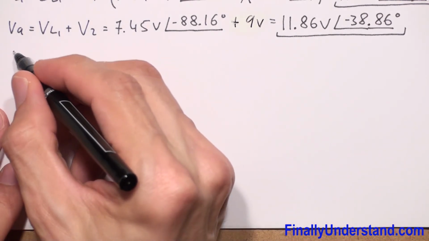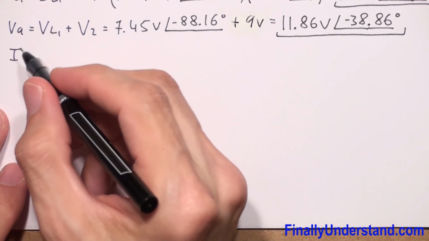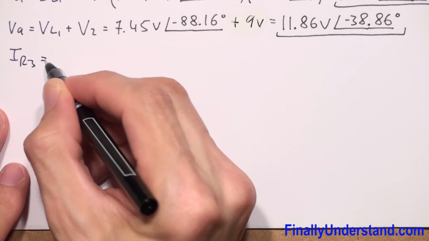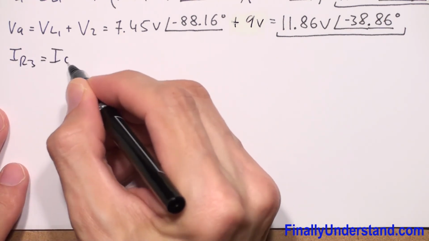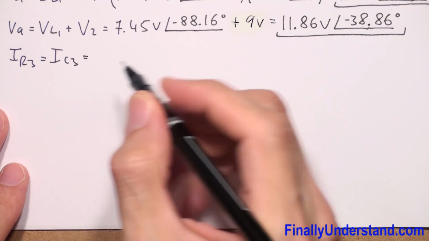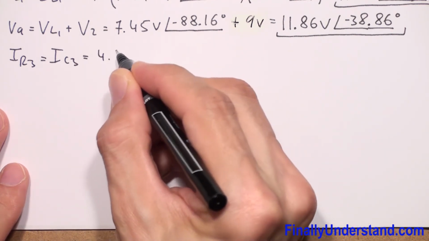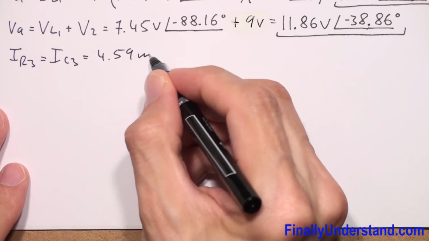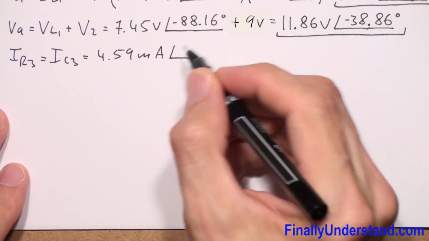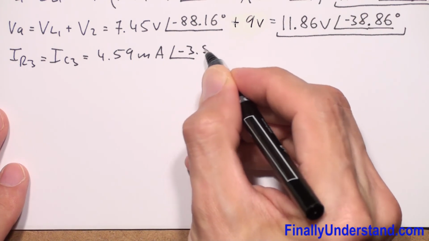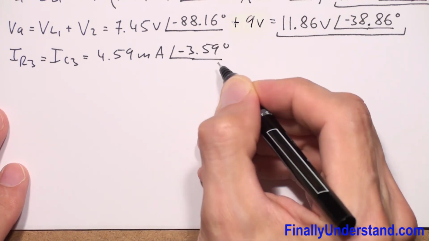So we have to realize that IR3 is equal to IC3, and we found that this is equal to 4.59 milliamps and angle of negative 3.59 degrees.